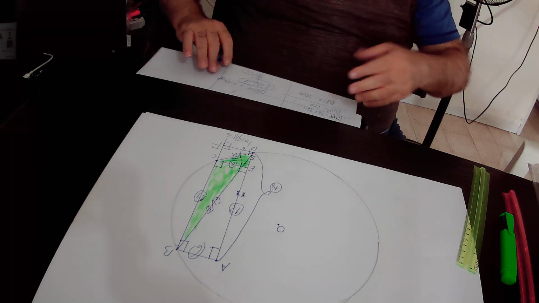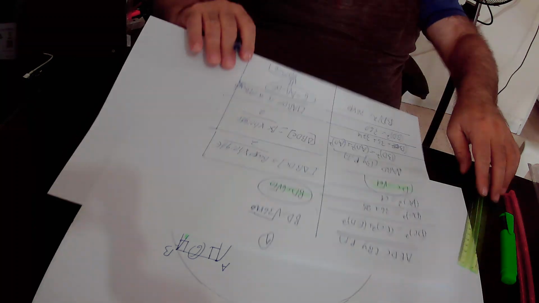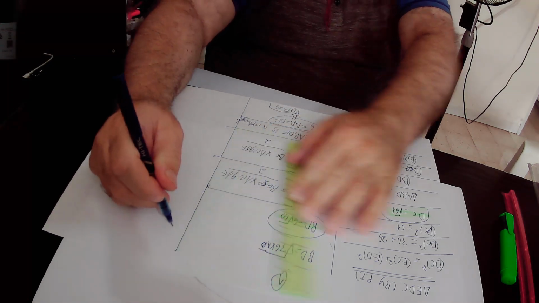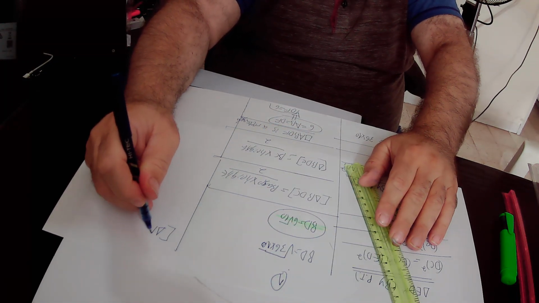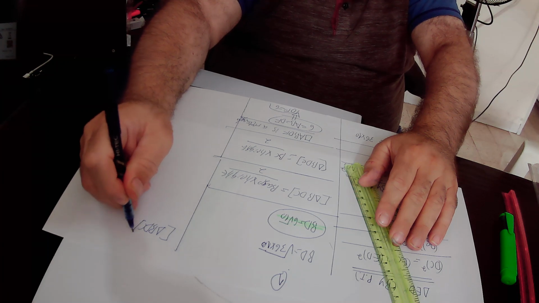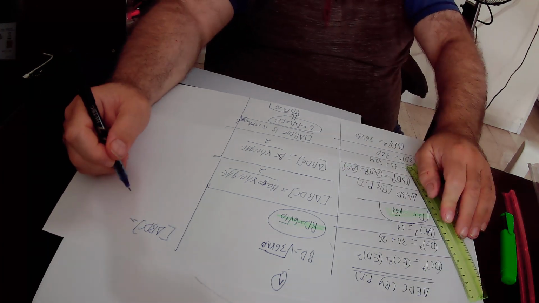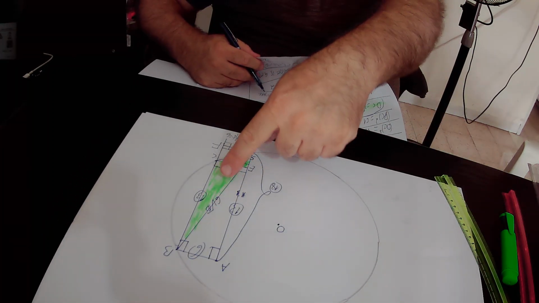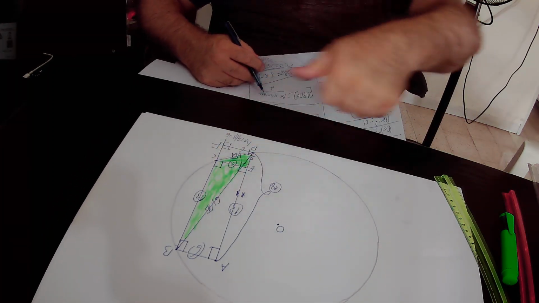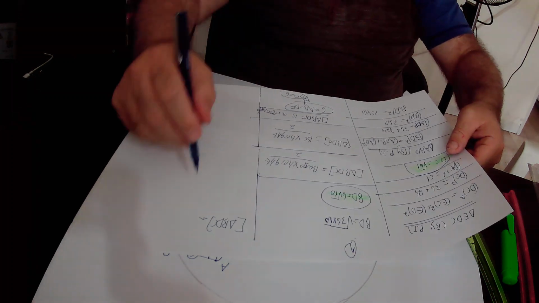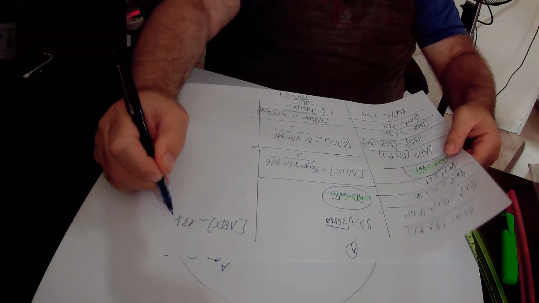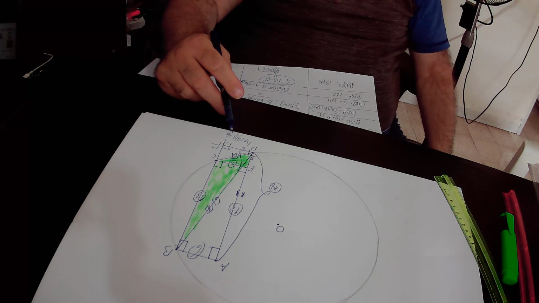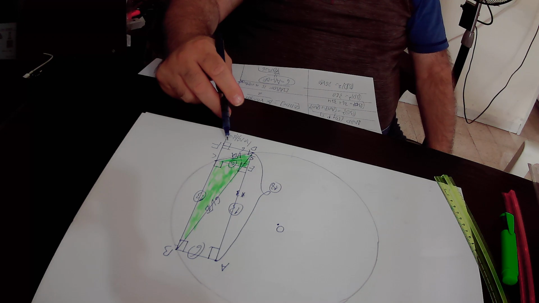Now we can easily find the area of the green triangle BDC. It will be equal to the base of the green triangle, which is BC. BC equals 13 units, so we substitute BC by 13, times the height to the base, the height that creates 90 degrees with the base, as you can see here.